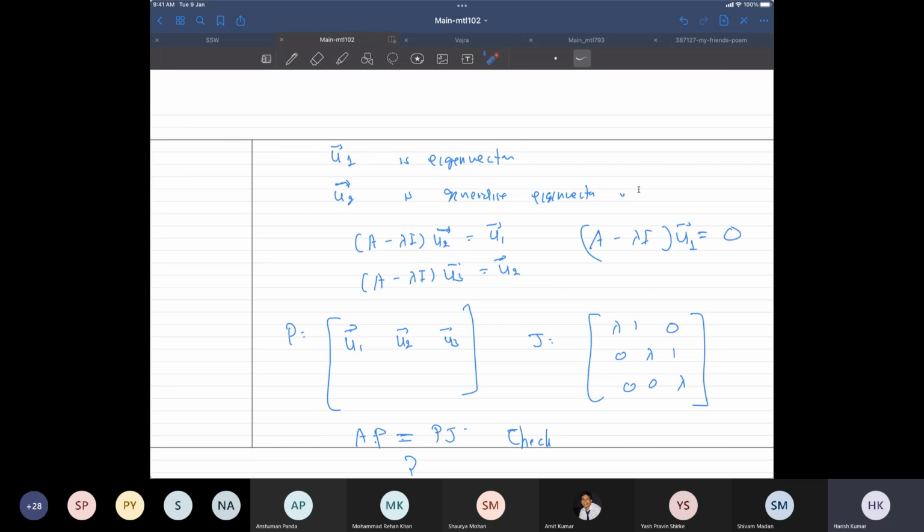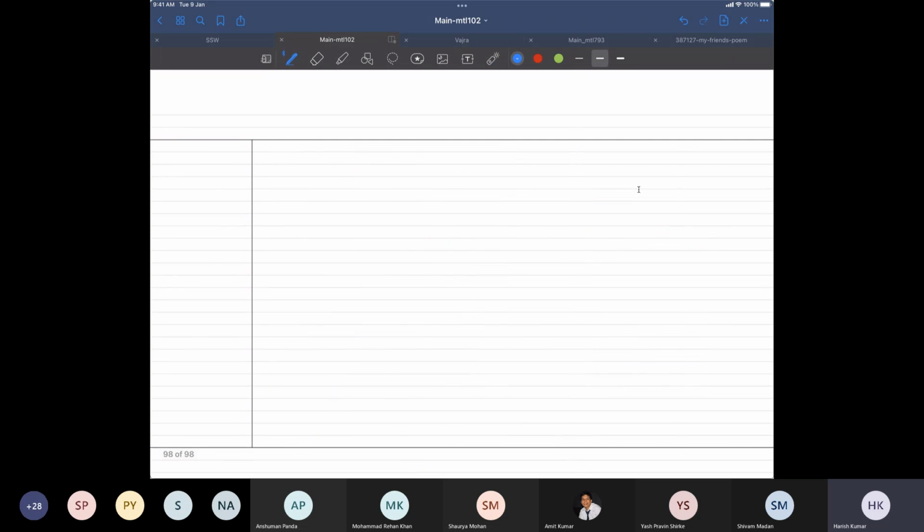Okay, so for example, if A has 2 eigenvalues, okay, let's say lambda 1 and lambda 2, and this one has multiplicity 2 and this has algebraic multiplicity 3.